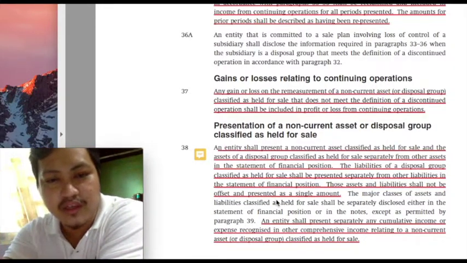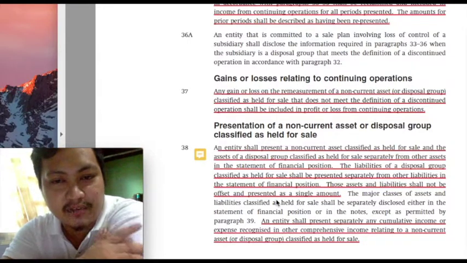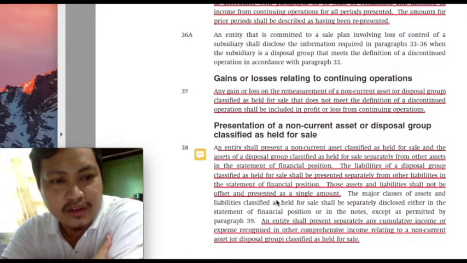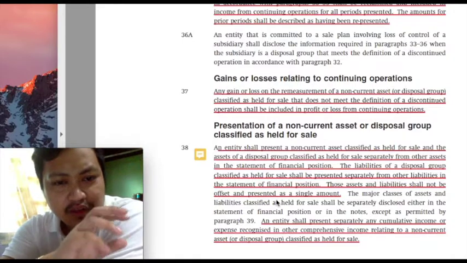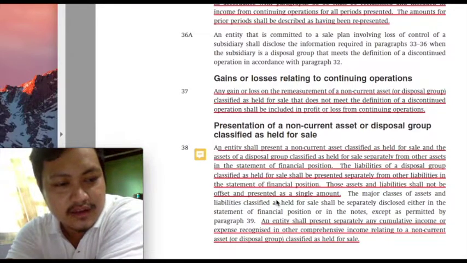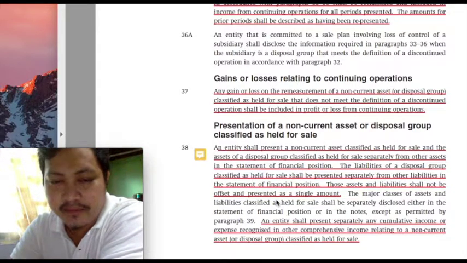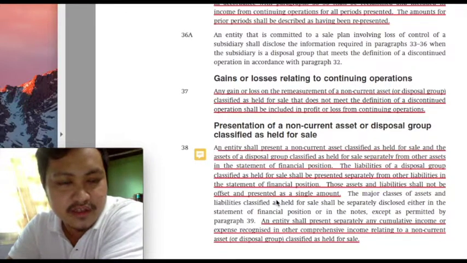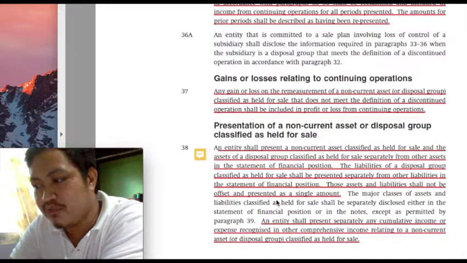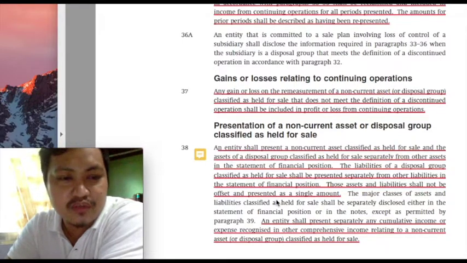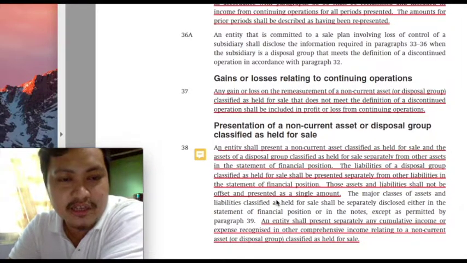And the question now is, how do you present the assets and the liabilities of a disposal group? Supposedly, you present the assets separately and the liabilities separately, but because there will be a choice that only a single amount, net of the assets and liabilities, will be presented, some students would be convinced that that is the answer. Why? Because they were remembering the rule for the income statement.